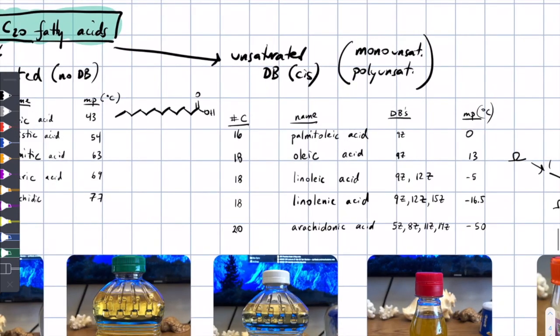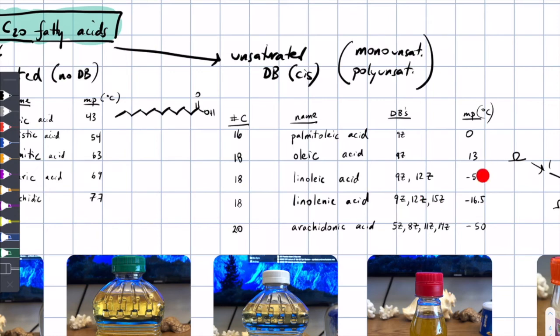As you continue to add double bonds, the melting point drops even further. So a good example of that are these 18 carbon chains. Oleic acid with the one double bond at carbon 9, linoleic acid with 2 double bonds, and linolenic acid with 3 double bonds, and they are all cis, and they are at these various positions.